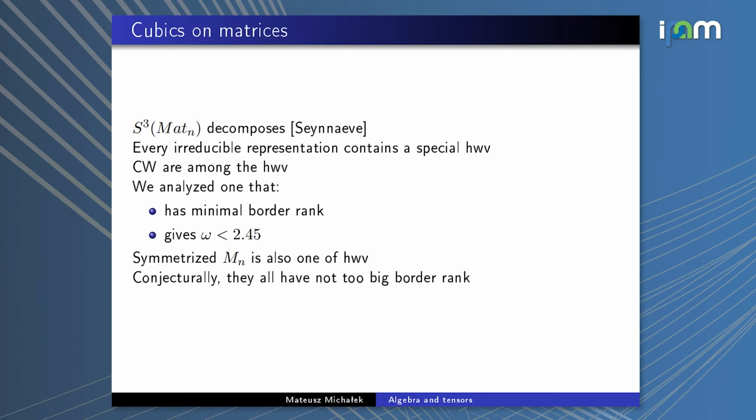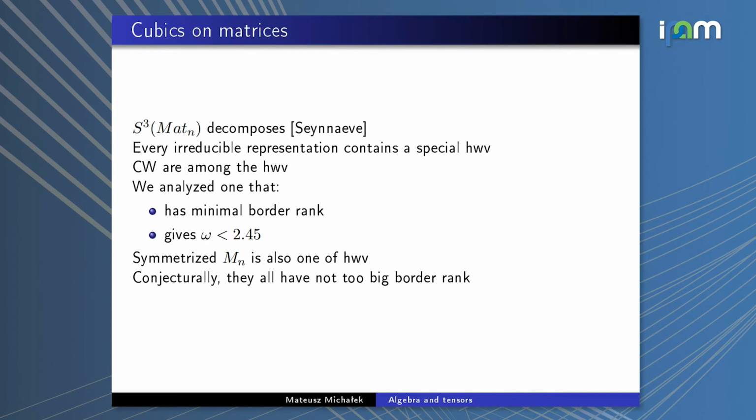Now, what do I mean that this space decomposes? Well, I can look at how the group GL_n of invertible matrices acts on this space. So GL_n acts on n by n matrices, so it also acts on polynomials on the space of n by n matrices. And I can call this vector space a representation.